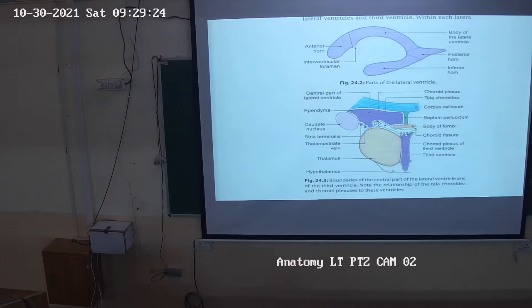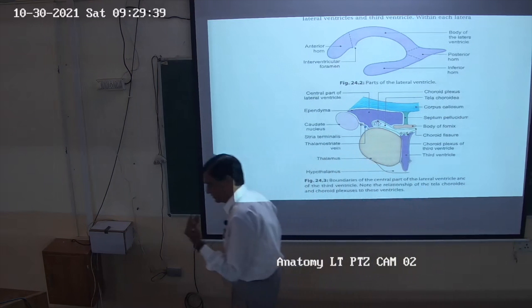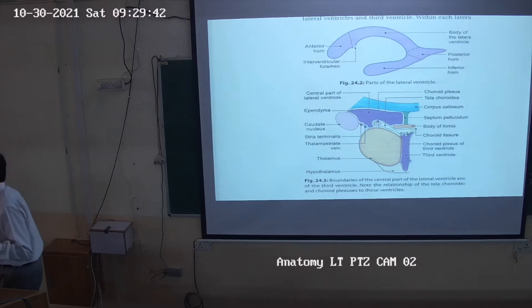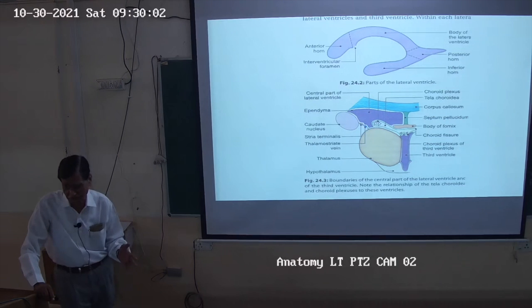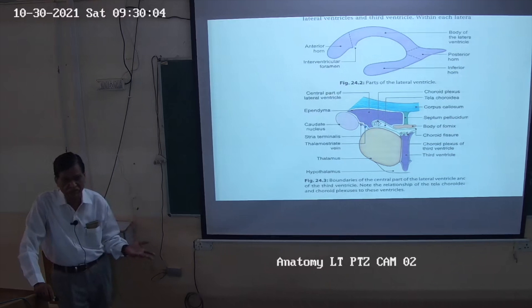The double layer of pia mater, this one, is called the tela choroidea, and in the tela choroidea we find a plexus of blood vessels, and this plexus is named the choroid plexus. So try to understand. The tela choroidea is a double layer fold of the pia mater, and lying inside it are the blood vessels, including capillaries and arteries, and this blood vessel plexus is called the choroid plexus.